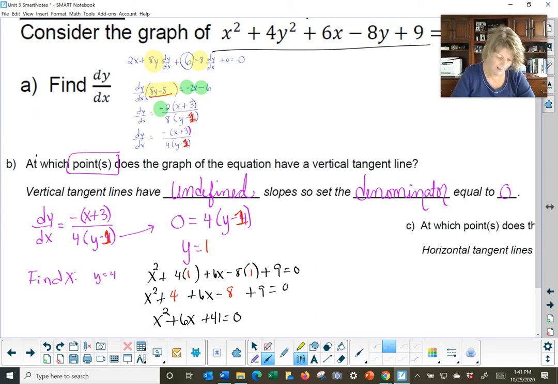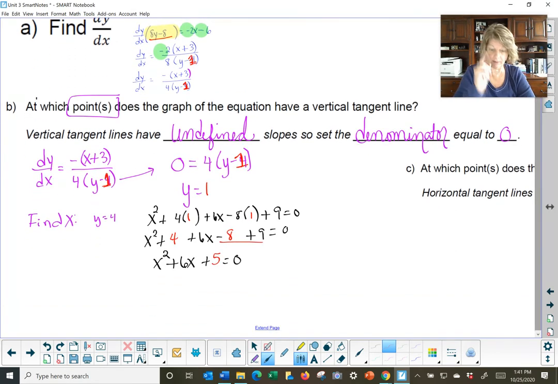We're getting there. And once I hit 41, I knew this isn't factorable. Most of the time, the AP makes stuff factorable so that you don't have to use the quadratic formula. So I knew I needed to start looking around for a mistake. This creates 1. 1 plus 4 is 5. Oh, okay, now we're factorable. So we get x plus 5.